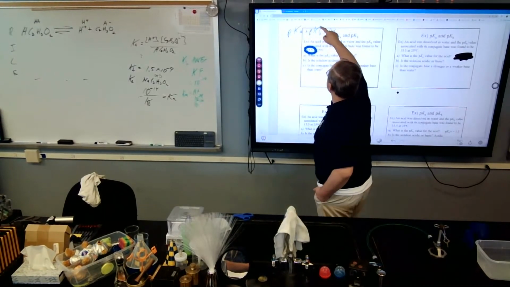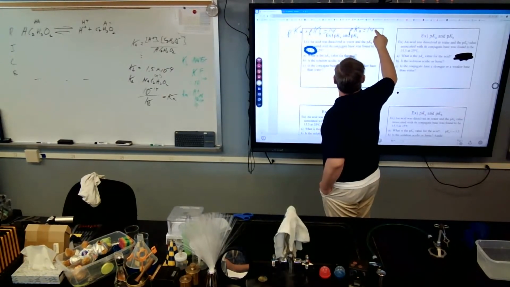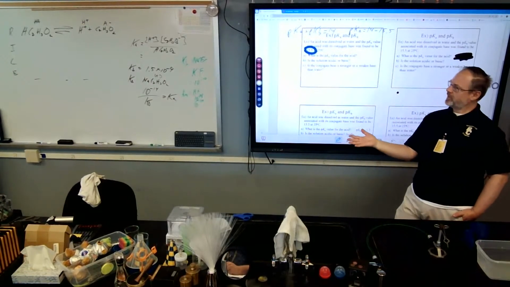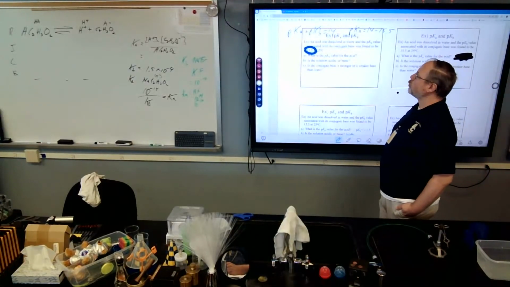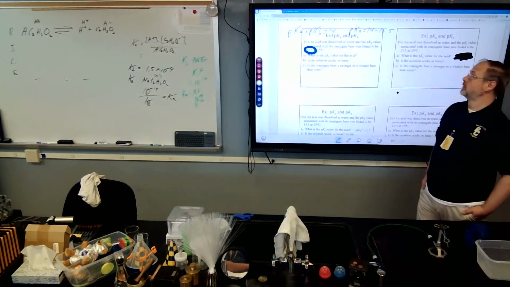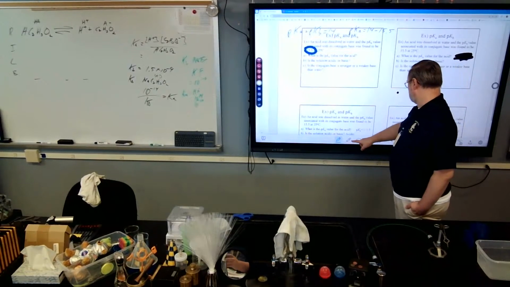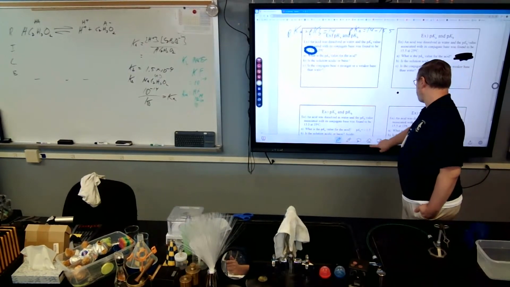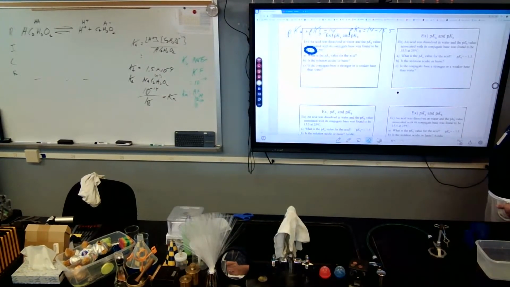So pKa is simply 14 minus 15.5. It's just that easy. You don't have to do any wonky exponents just yet. So pKa is negative 1.5.